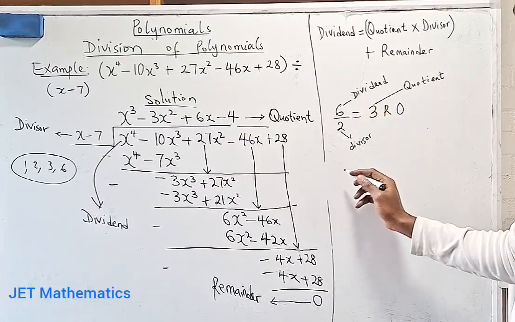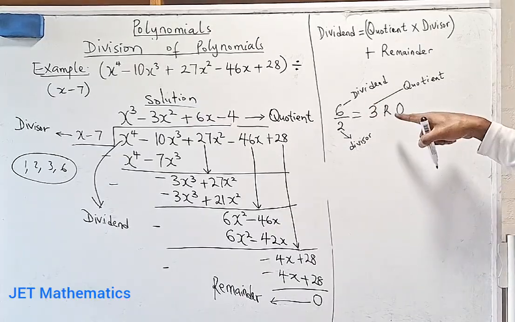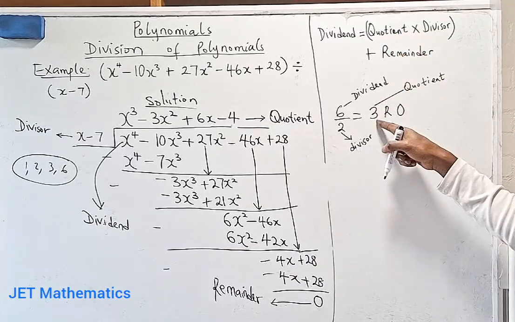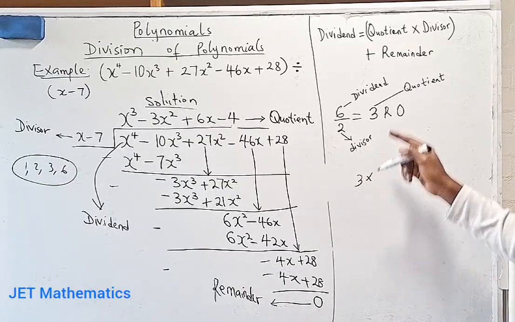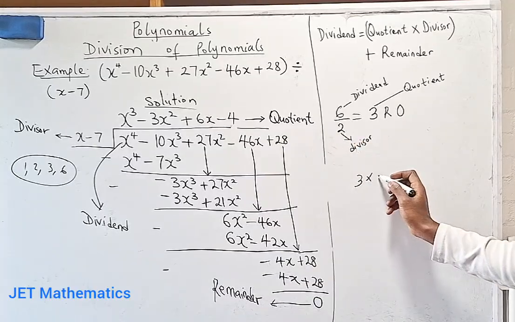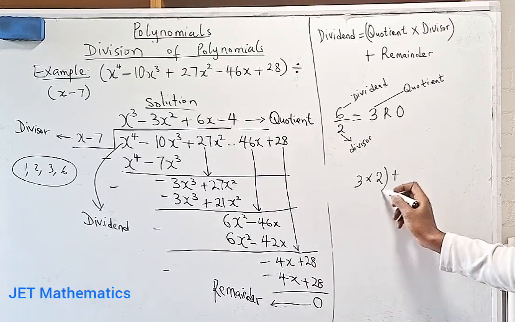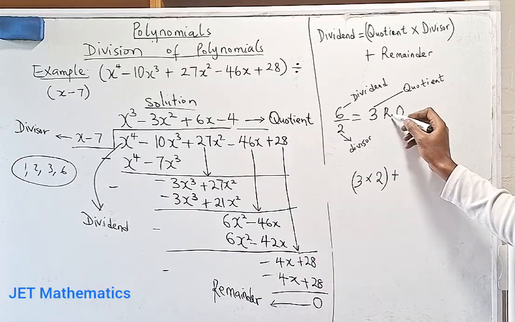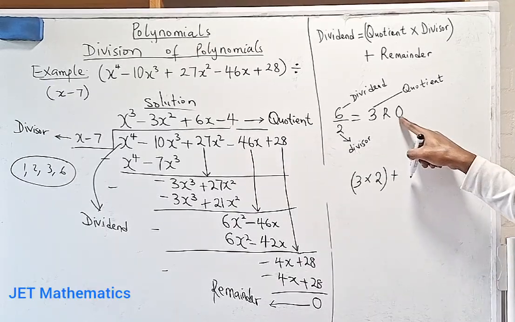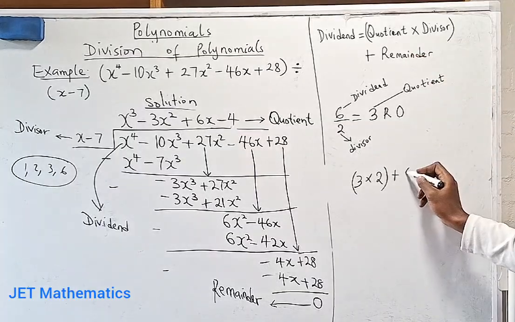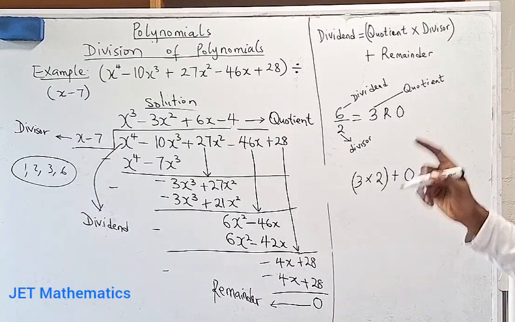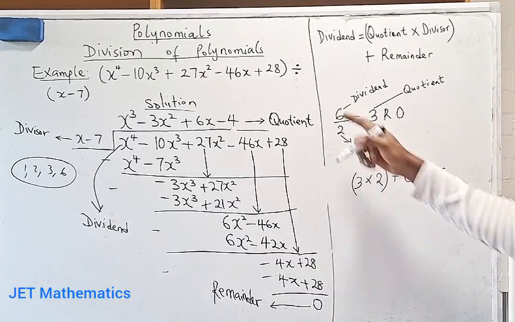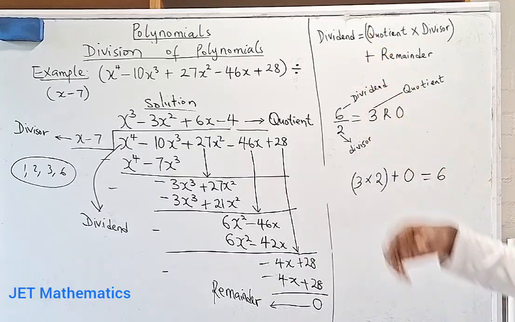Now, to get this dividend, using this formula, you say quotient, which is 3, times divisor, which is 2, plus remainder, which is 0. So when you do 3 times 2 plus 0, that gives you 6, the dividend. So also put this at the back of your mind.